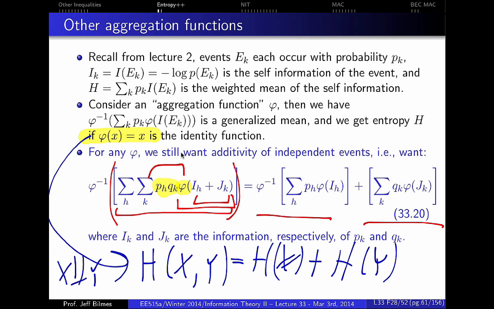Their informations are additive. We want to preserve this additivity of independent events. So the question is, what other aggregation functions might have that property besides the identity function?